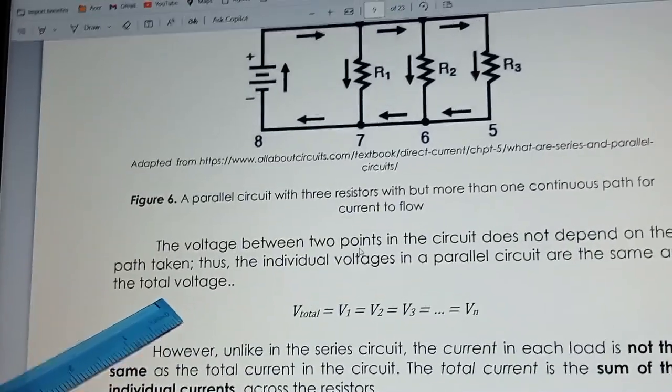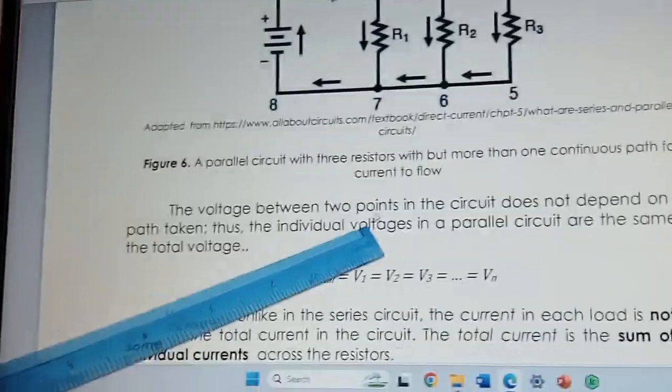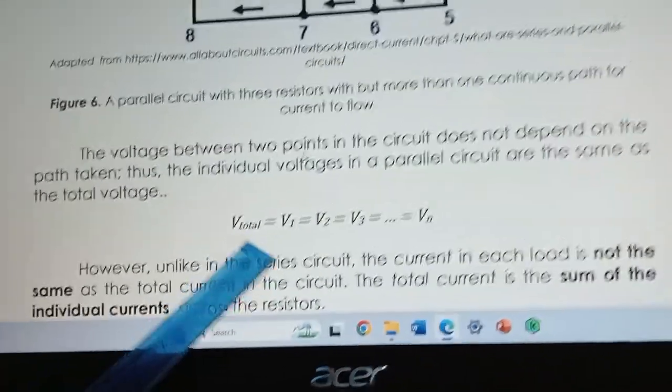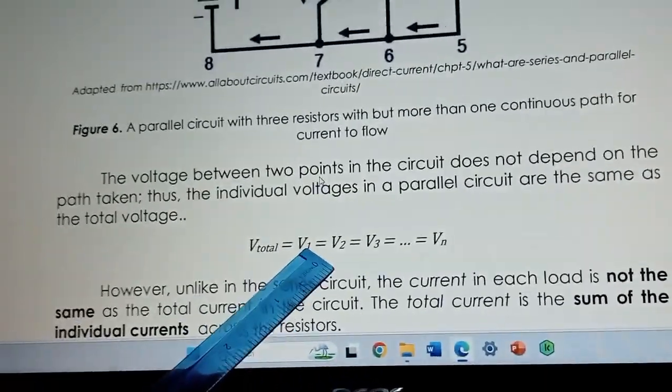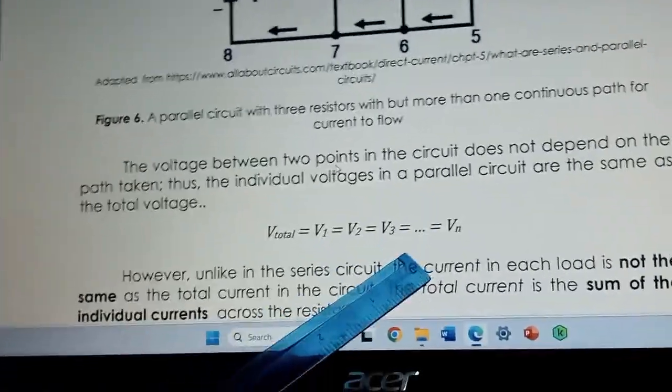So V total is equal to V sub 1, is equal to V sub 2, is equal to V sub 3, and so on and so forth.